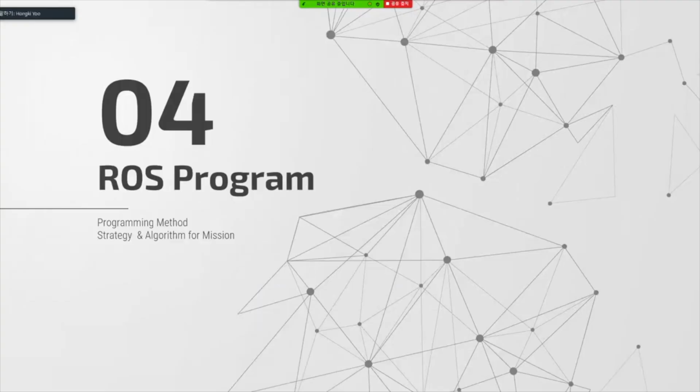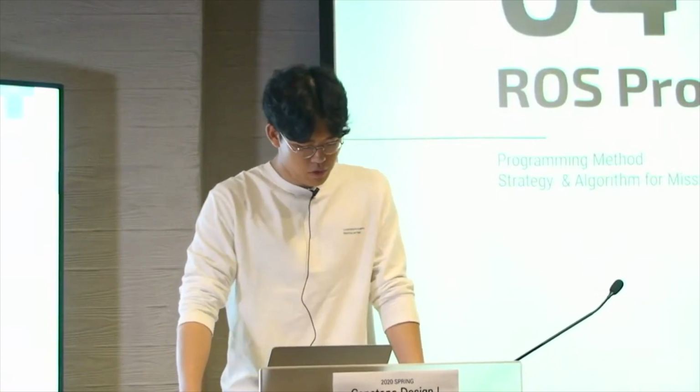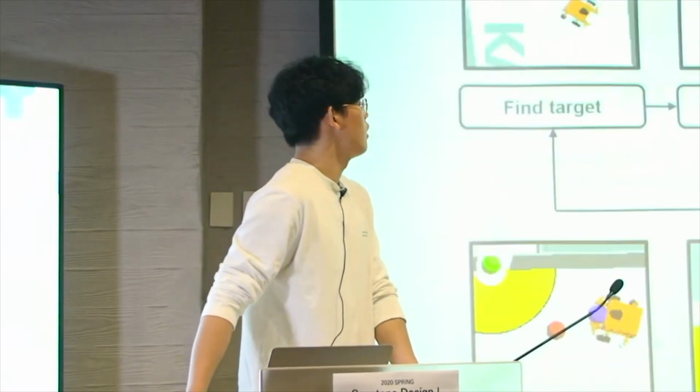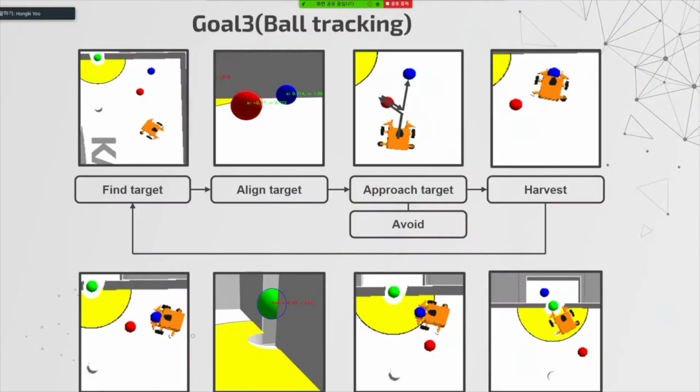Now we are going to look at our specific process, how it works in the ball harvesting area. We thought of this whole process as a repetition of these steps.